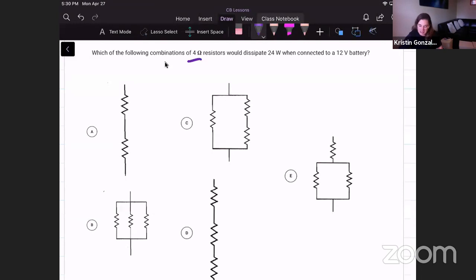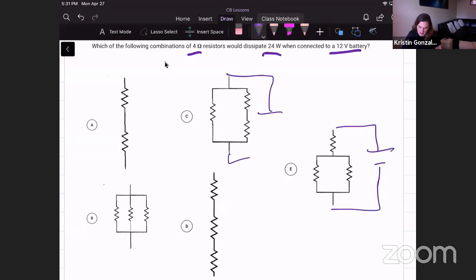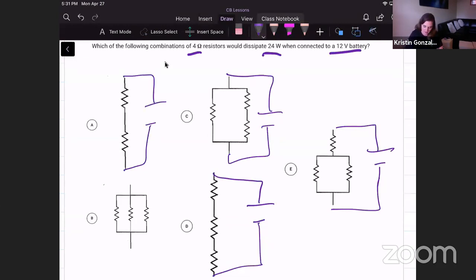So I want you to take a second to think this through, and we want to know which one of these combinations would dissipate 24 watts if connected to a battery. It is the same in each case, and 12 volts. Right, so we're only seeing part of it, but these are all connected to a battery.